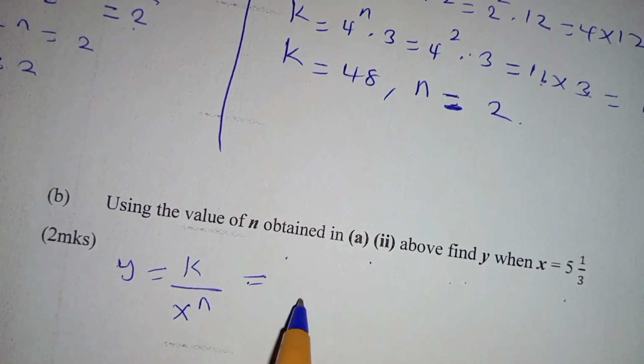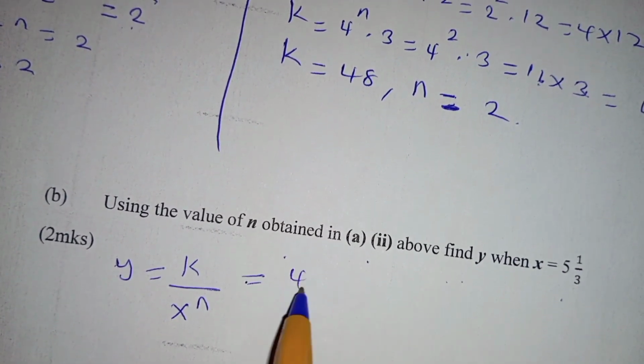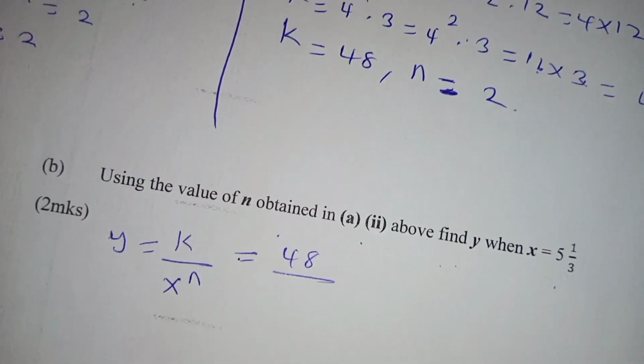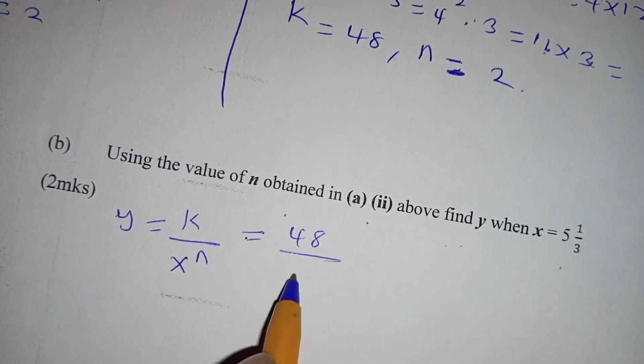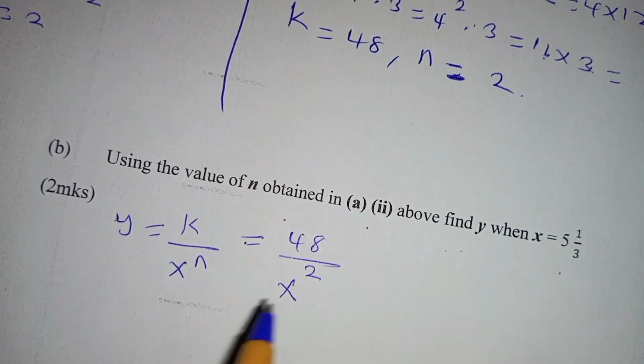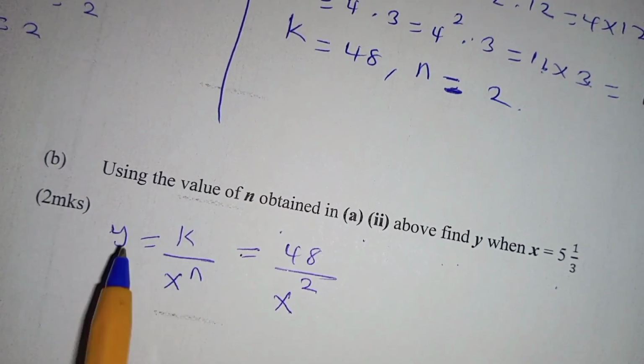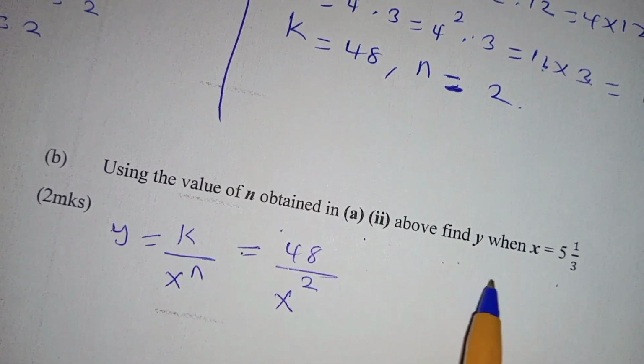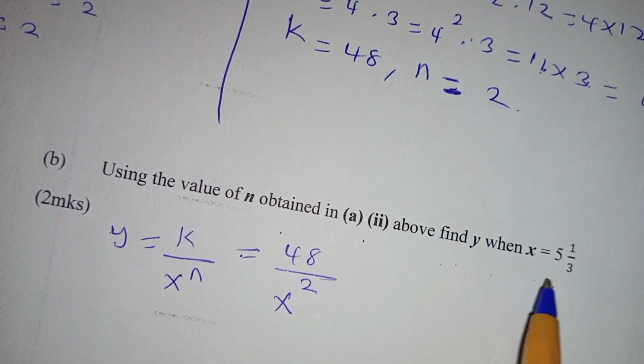We have obtained our k is 48, and we have obtained our n is 2. So the question is, you find the value of y when x is equal to this.